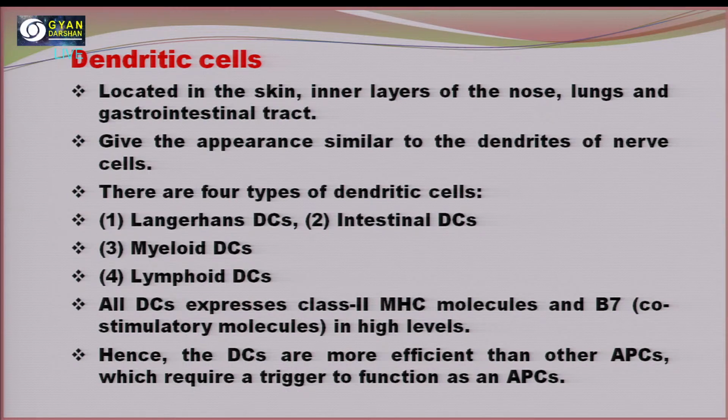Hence, this type of dendritic cell is more efficient than other APCs. Other APCs like B cells can process antigen, but they require a trigger to function as APCs. So it would be different. They have the B7 co-stimulatory molecules.